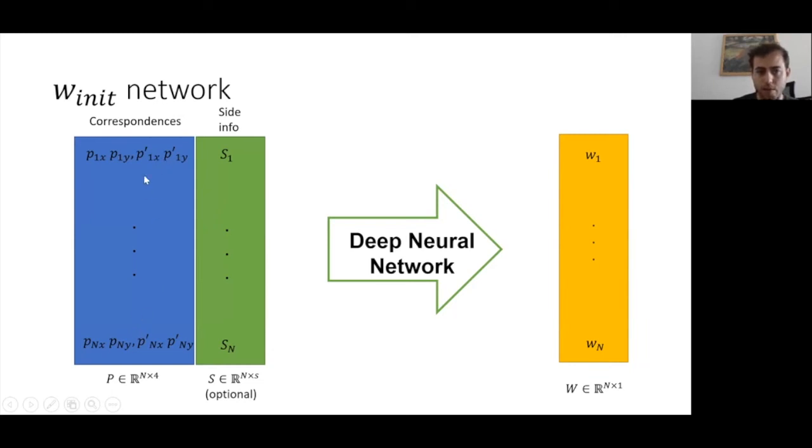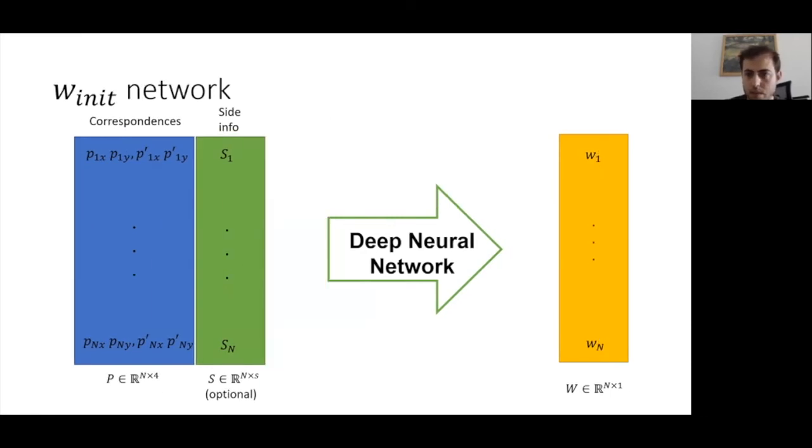And possibly you can also add some side information for each correspondence. For example, the matching score of the points from the method that was used to calculate the point correspondences, like the SIFT score. And the output is a set of n weights, a weight for each correspondence. Okay, that's the high-level architecture.